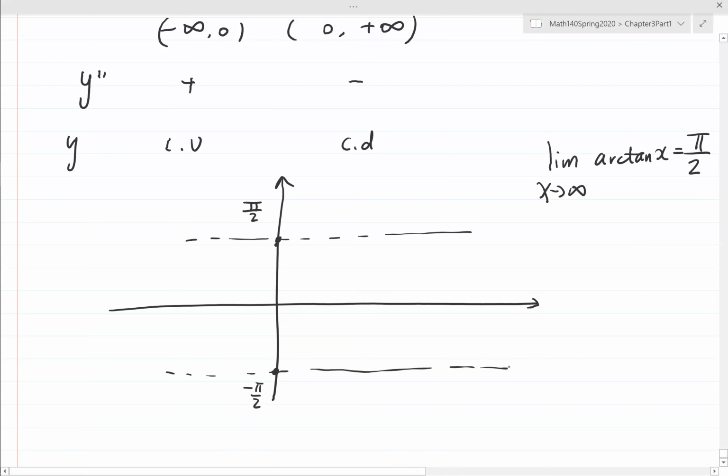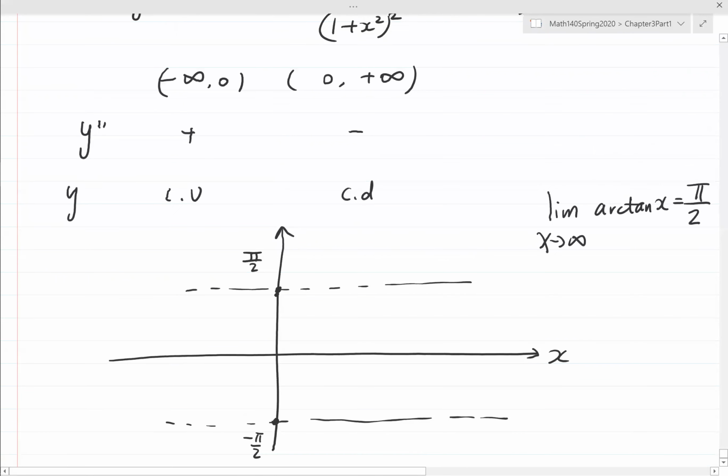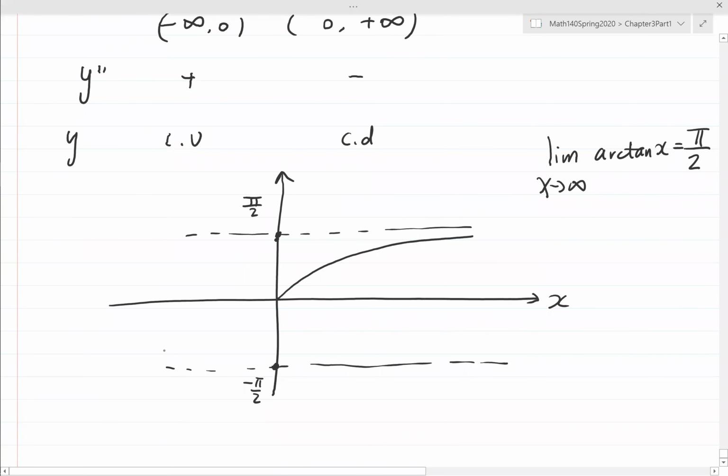So when x is positive, it's increasing, concave down. When x is negative, it's increasing, concave up.